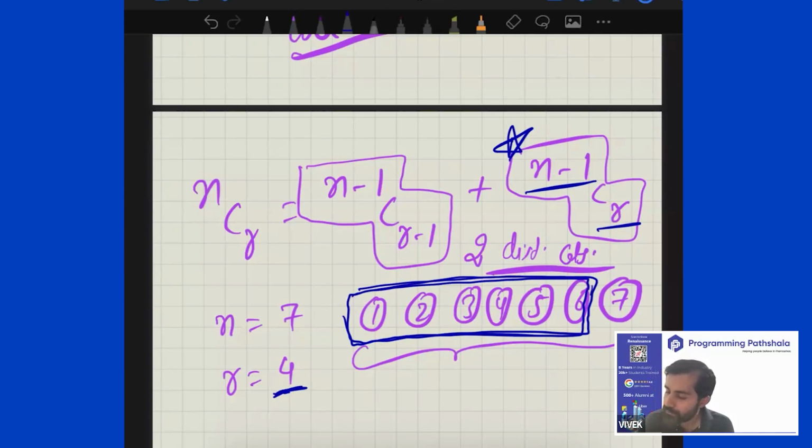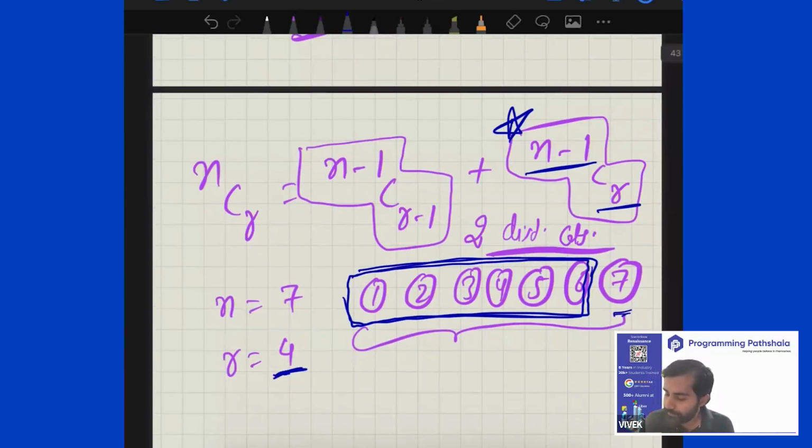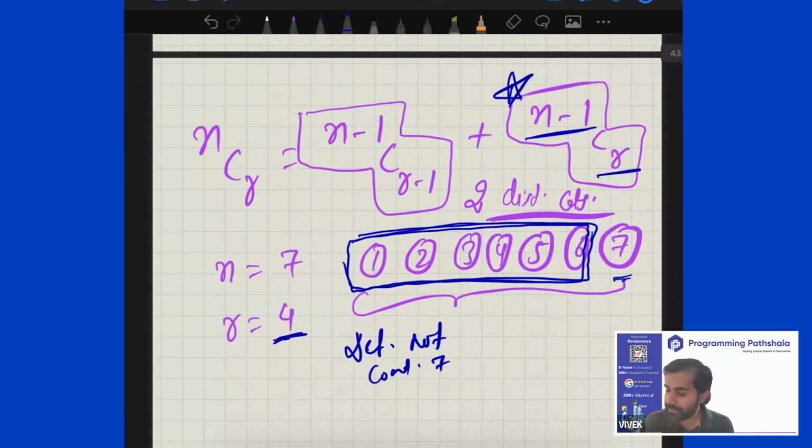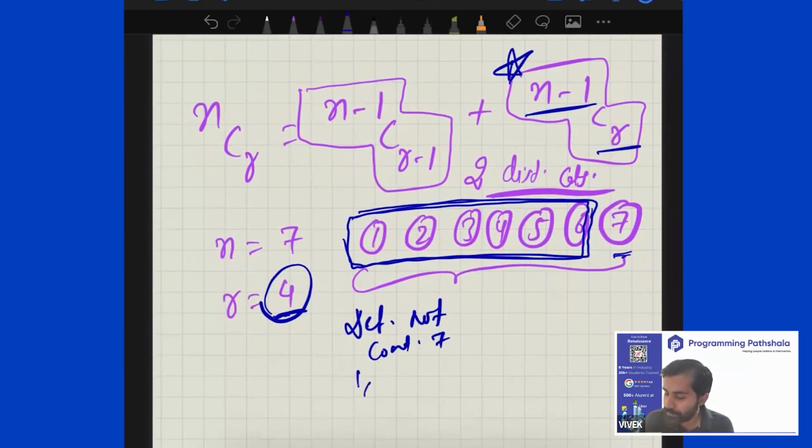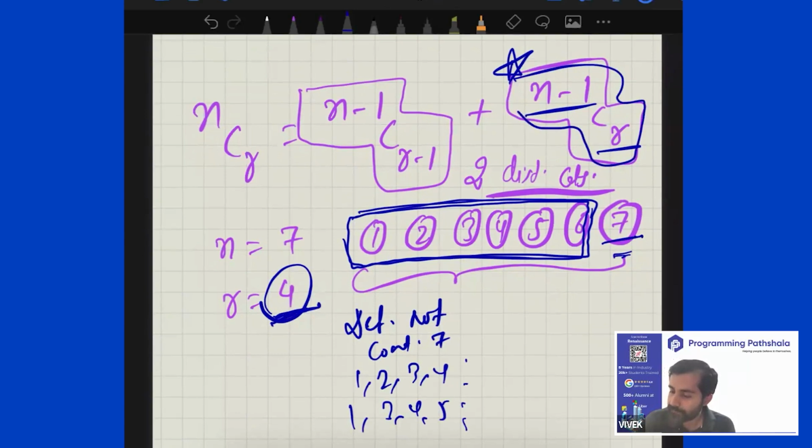If you pick 4 items out of these items, will it contain 7? It will definitely not contain 7. I can say for sure that there will be a lot of combinations of 4 items which do not contain 7. For example, 1, 2, 3, 4, or 1, 3, 4, 5. So all these combinations which do not contain 7 but are of size r will be represented by this.